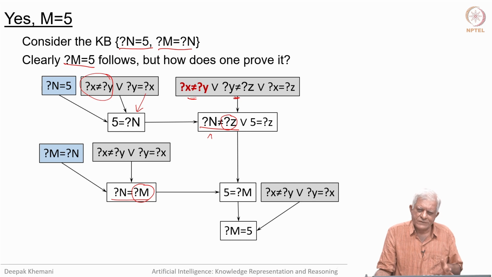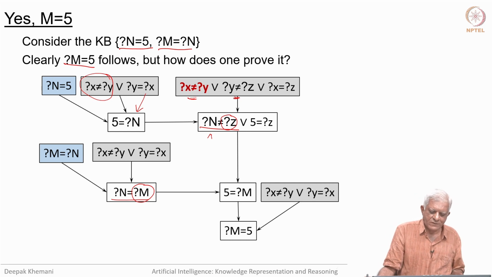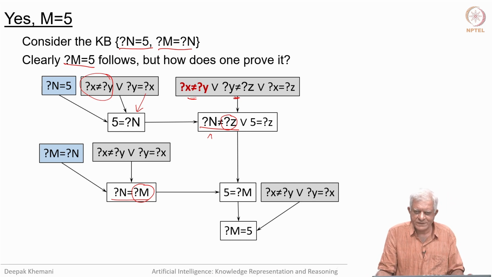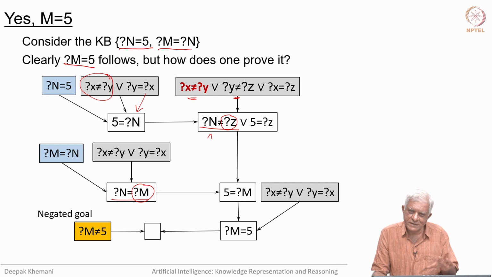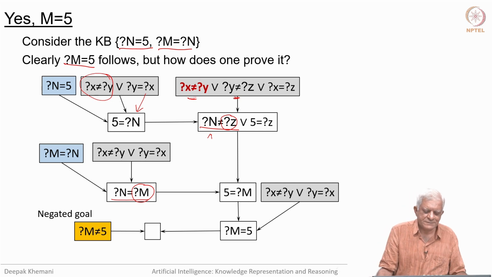So, we have a proof for m equal to 5. Luckily we can do this basic maths that other kids can do. And just for the sake of completeness, since we are talking about the resolution method, we take the negated goal and then we can derive the null clause, and that is where our resolution refutation method will end essentially.